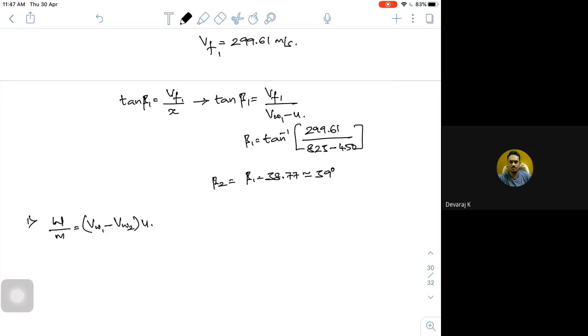So if I take cos beta 2 by cos beta 1, or K as the ratio of the exit relative velocity to the inlet relative velocity, I can call that a KB. So for your impulse machine you get one kind of expression, and for a reaction machine you get a different kind of expression.